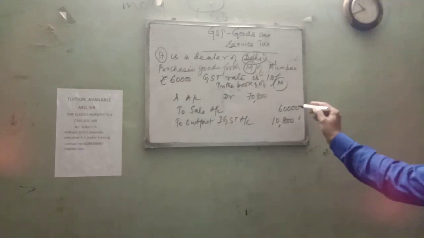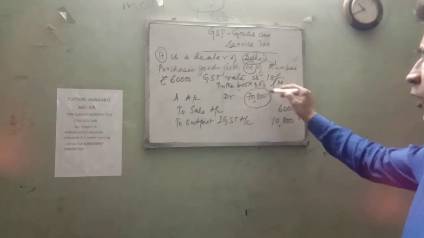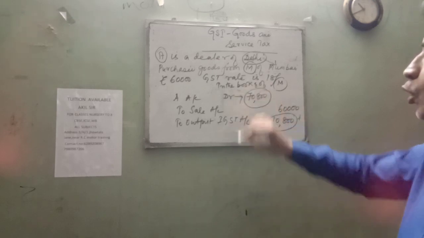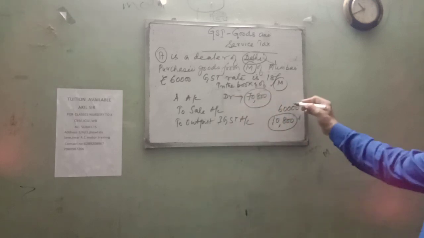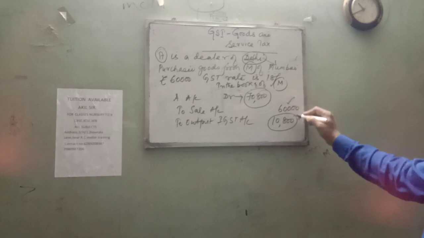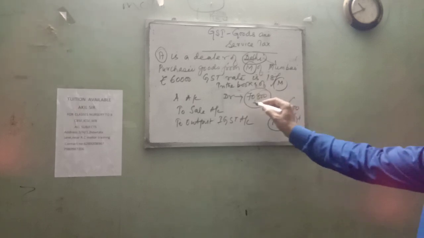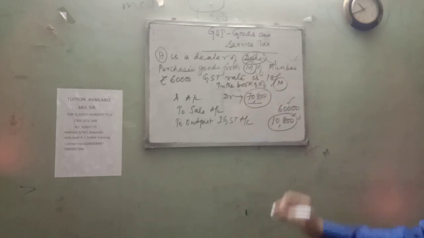Means M has collected how much tax from A? 10,800, and A account is debited by the total amount of the sale amount of the goods and the tax collected by M. The total is 70,800. So M collected tax from A of 10,800. Okay, clear?